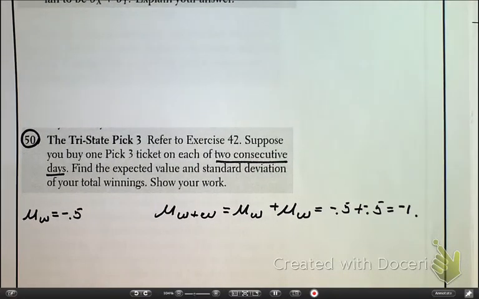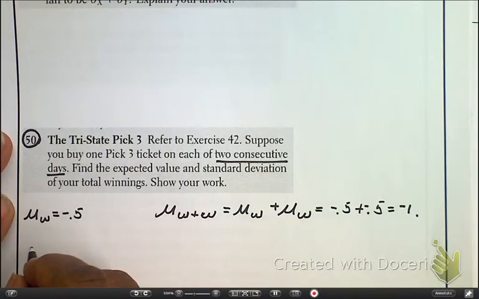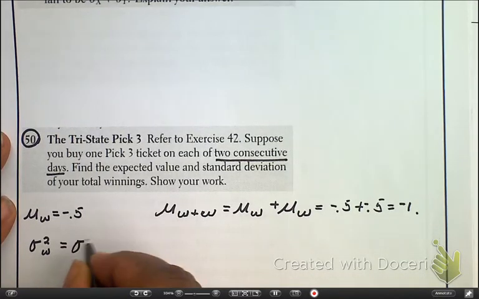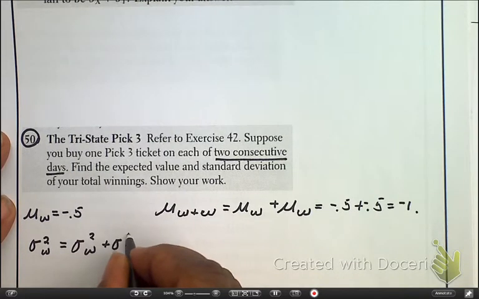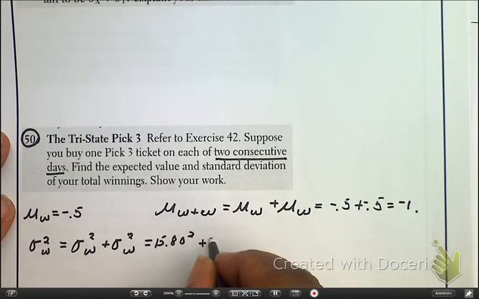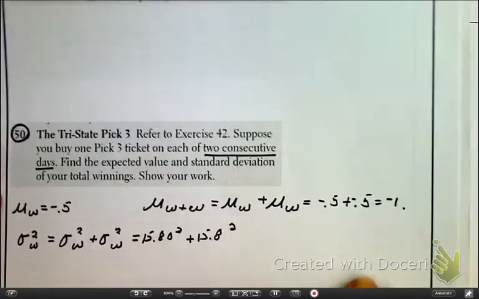Standard deviation, remember, is not that simple. So the standard deviation is going to be, remember we have to go through the variance. So the variance of day 1 plus your variance day 2 is 15.8 squared plus 15.8 squared.